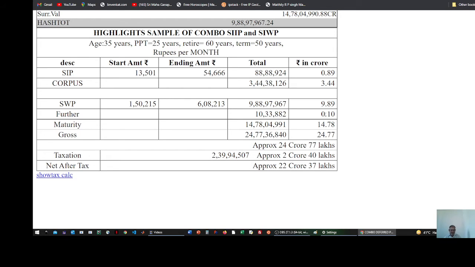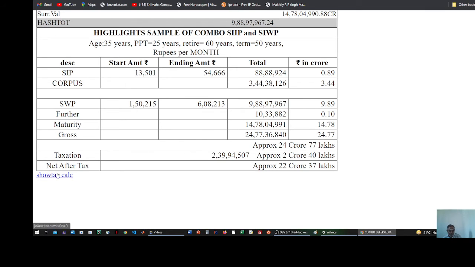Further withdrawal is 10 lakh rupees on maturity, and there is a maturity benefit of 14.78 crore or 14 crore 78 lakh, and the gross amount of all this total is 24 crore 77 lakh, and for this the taxation is 2 crore 40 lakh.